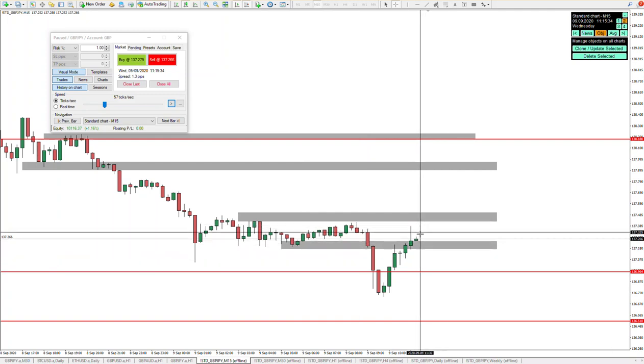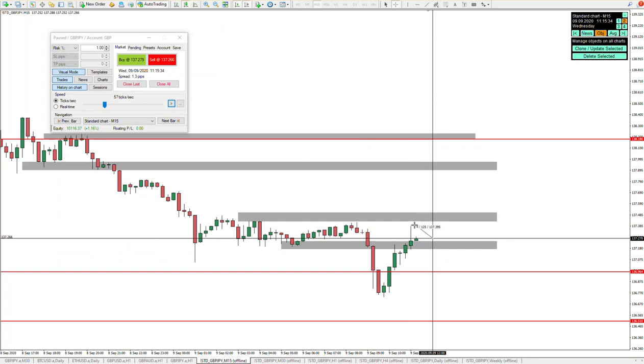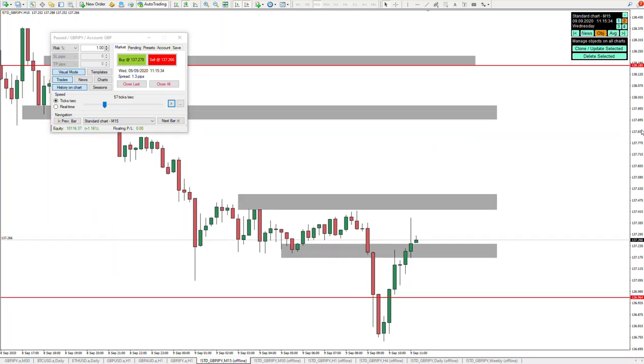This candle has a nice wick up. That's 11 pips. This is 14, 15 pips. I doubt we have a trade right here because it's only M15, which is a weak confirmation time frame.